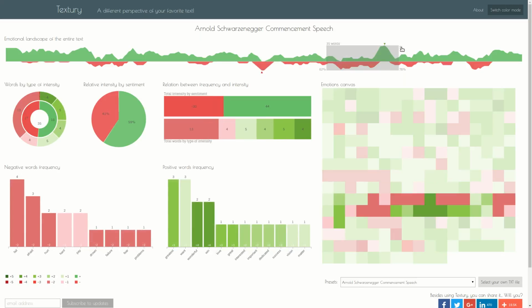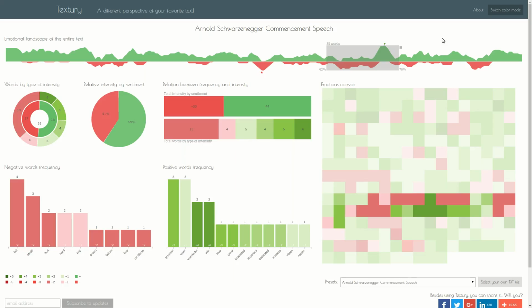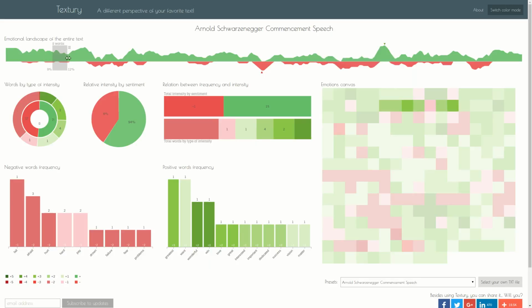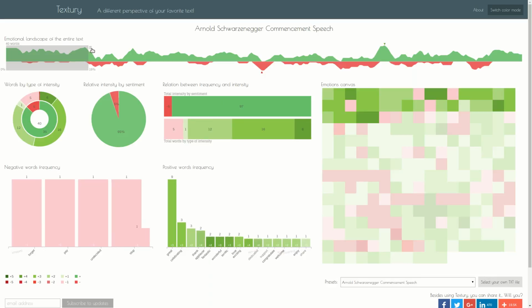So this is pretty much it. I don't know whether you've seen the commencement speech, but Arnold talks about 6 rules, and in the beginning he mostly sets up the stage.